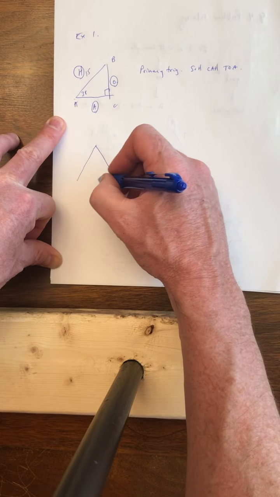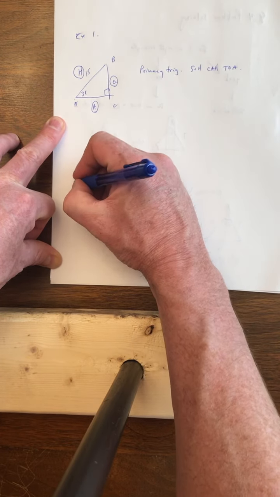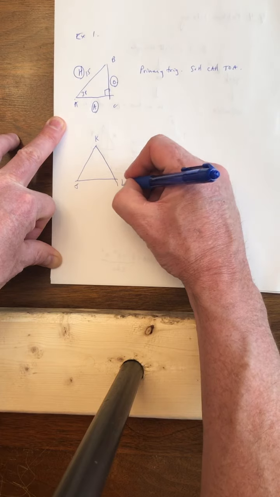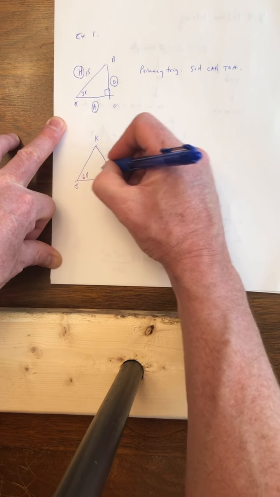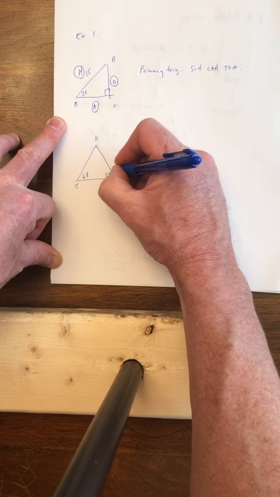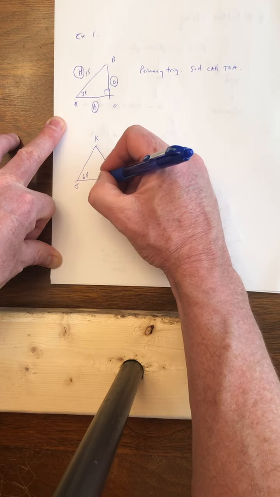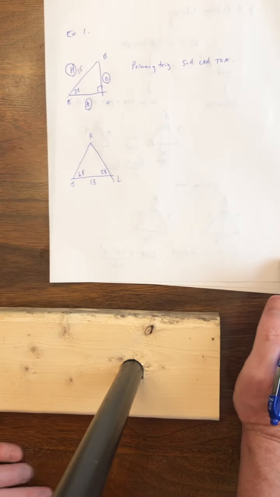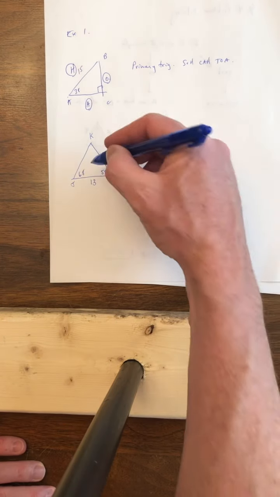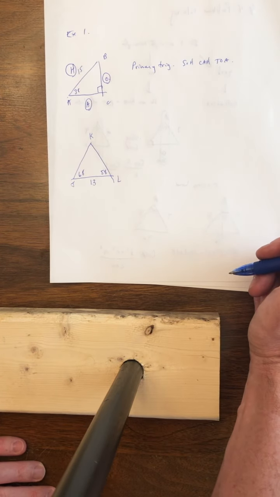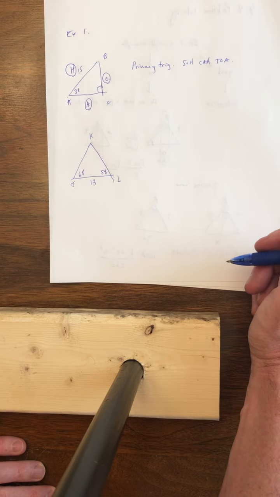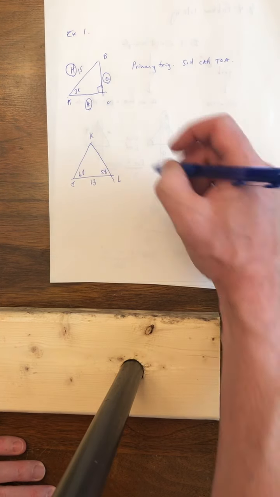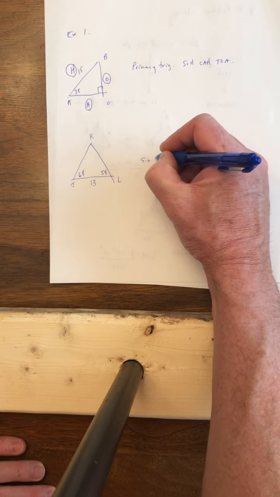In the second example, we have J, K, and L. This is 68, this is 58, and this is 13. We don't have a right angle triangle here, so we can't use our primary trig ratios. So we're going to be looking at one of the other ones. In this case, we can use the sine law.